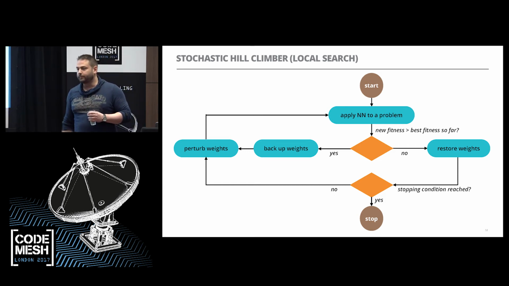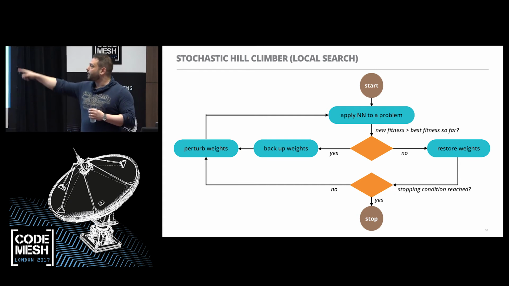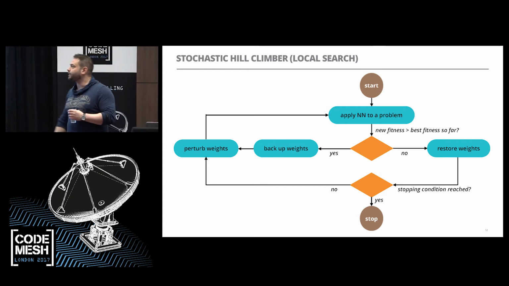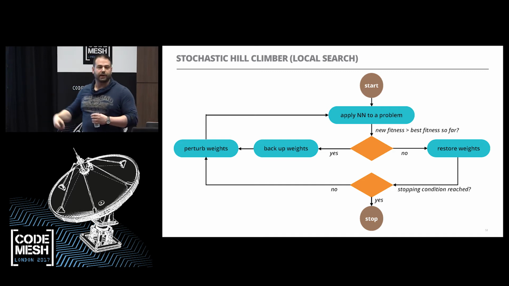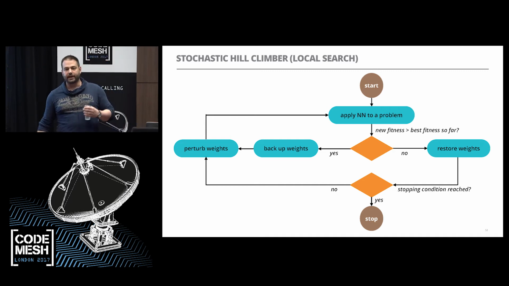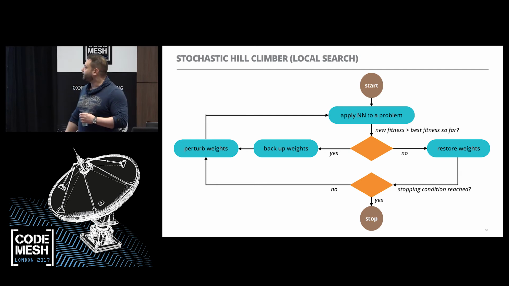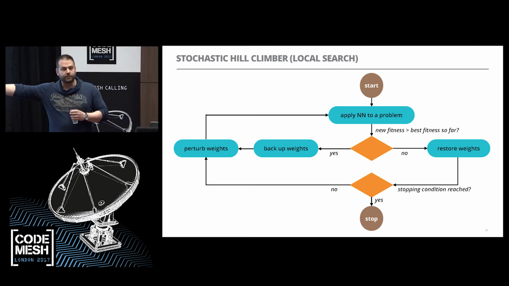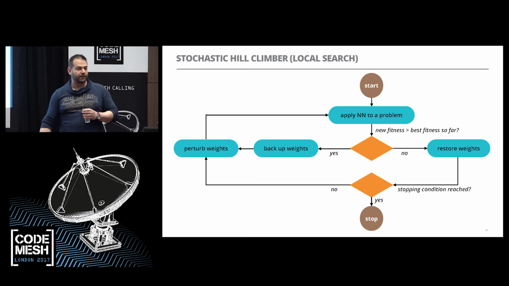Now, this local optimization is actually very easy. Basically, we apply the network to a problem, and we see the fitness that we have here. Is this better than the best fitness so far? If this is the case, we back up those weights because that's apparently a configuration that we want to keep.